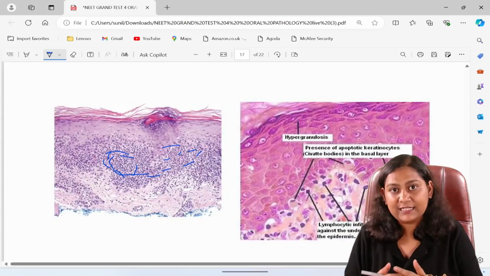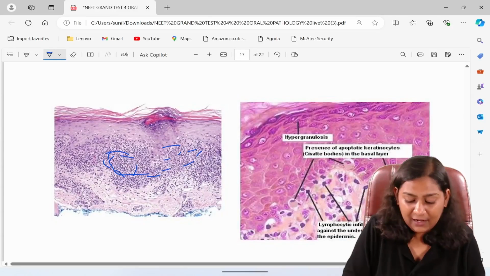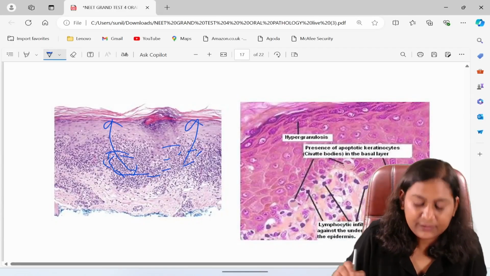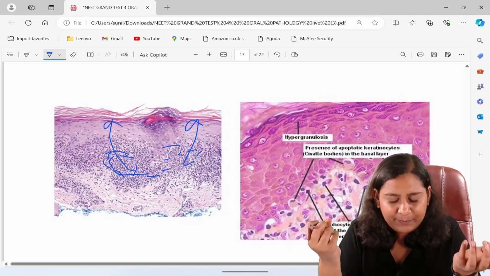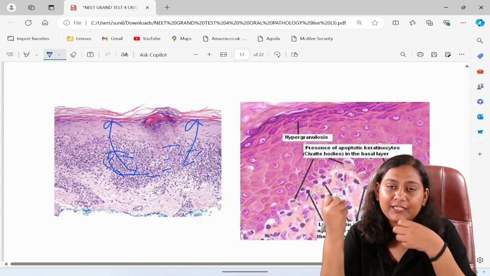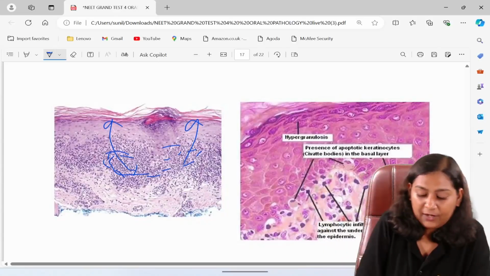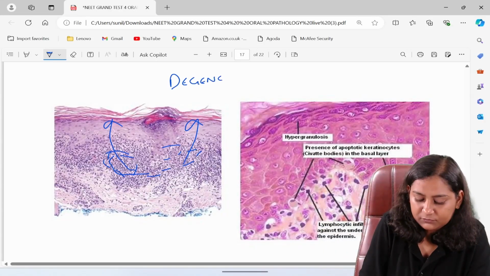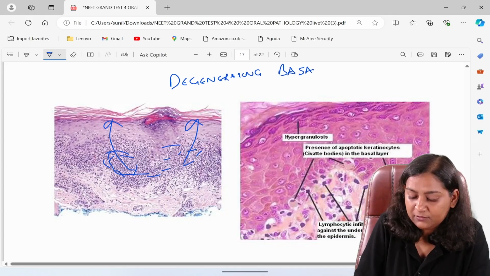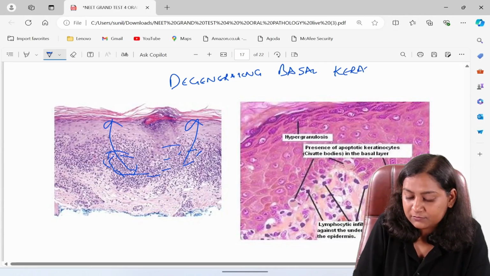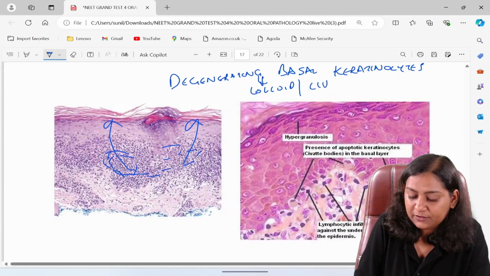It is a CD4 positive T lymphocyte. So these T lymphocytes attack the basal layer, and when the basal layers are attacked, the degenerating basal keratinocytes are called colloid bodies or the civatte bodies.